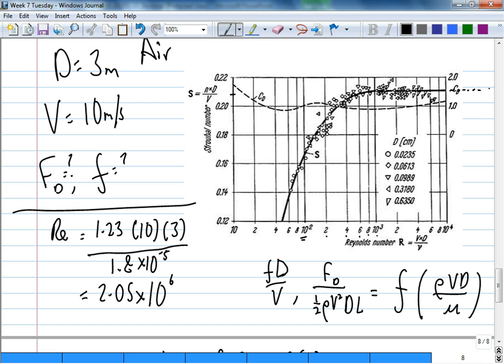If you see, there's two graphs here. One is for a sphere and one for a cylinder. We are doing the cylinder now, so we look at the cylinder graph. Ours is 10 to the 4, 10 to the 5, 10 to the 6, 2 by 10 to the 6. We are around 4 pointer. We are around here.